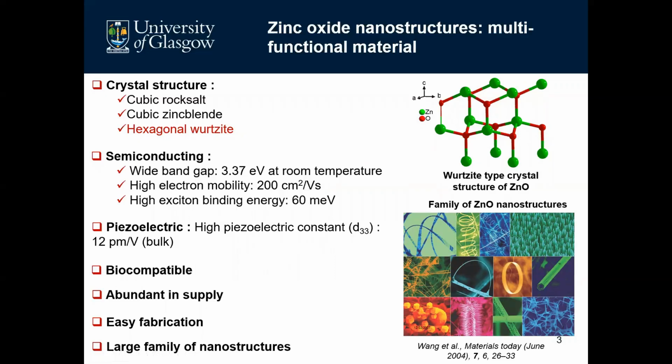It has also found application in energy harvesting because of its piezoelectric properties. Additionally, it is a biocompatible material, abundant in supply, easy to fabricate, and it has a large number of nanostructures which can be printed to make nano devices.